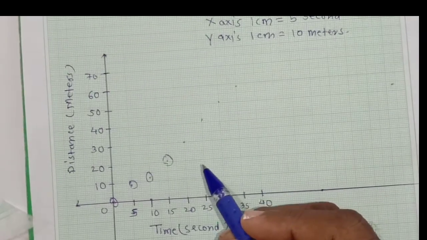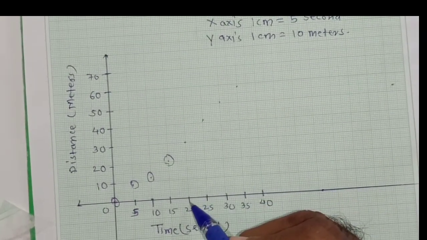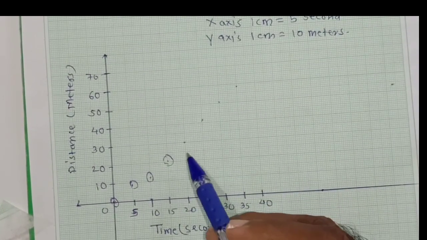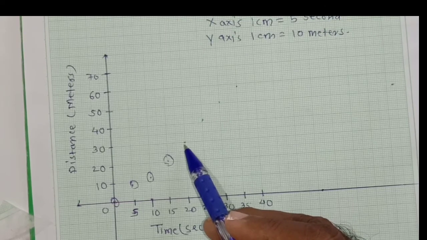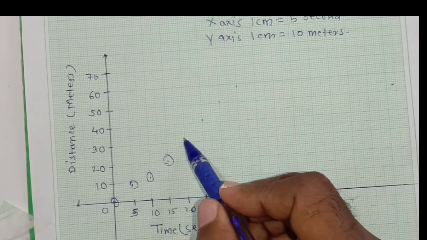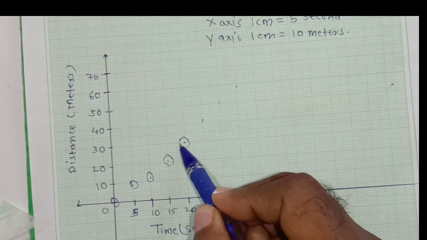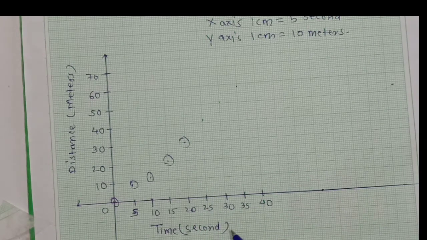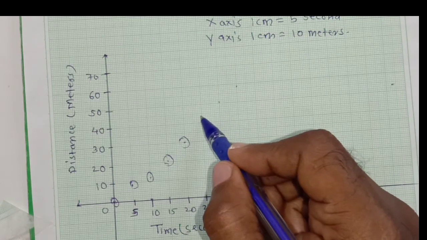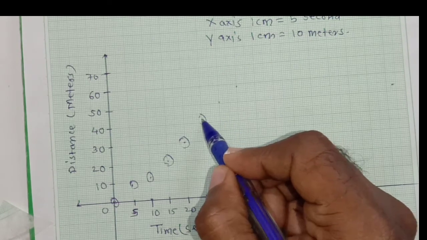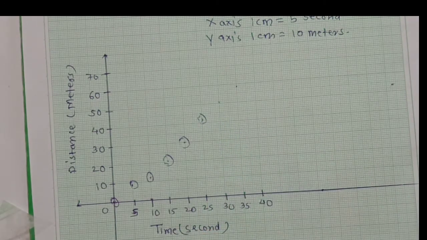Fifth point, time is 20 second on x-axis and distance is 30 meters on y-axis. So this is our fifth point. Then sixth point, time is 25 second on x-axis. Then distance is 41 meter on y-axis. So this is our sixth point.